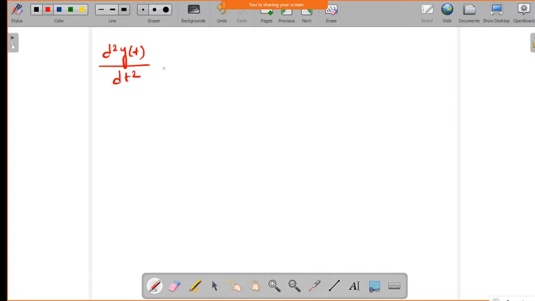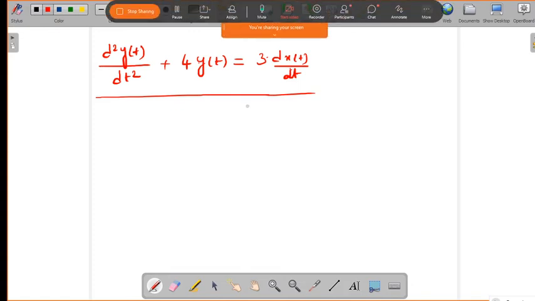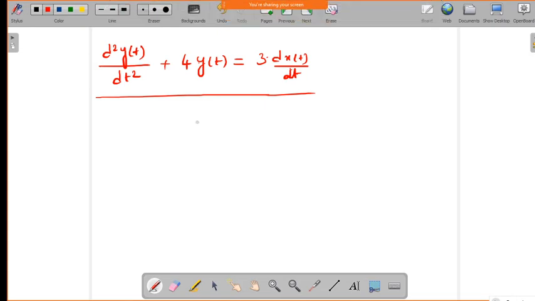The equation is d squared y by dt squared plus 4 into y of t equal to 3 into dx of t by dt. Try to put d power k y by dt power k equal to r power k, then find the roots of this equation.